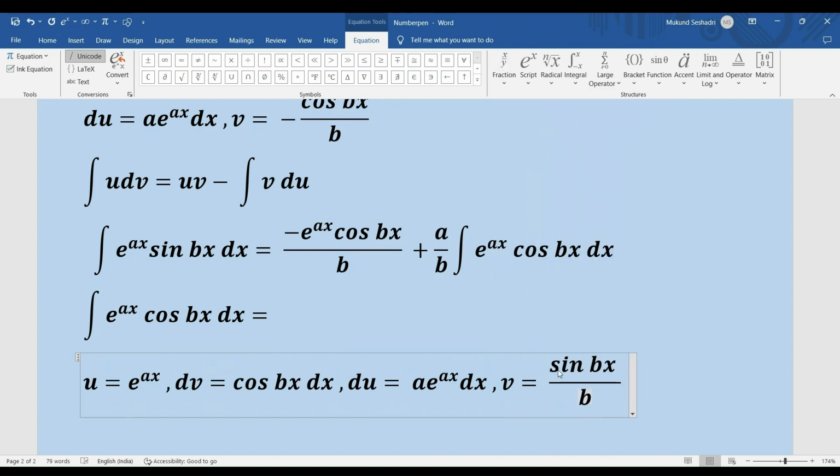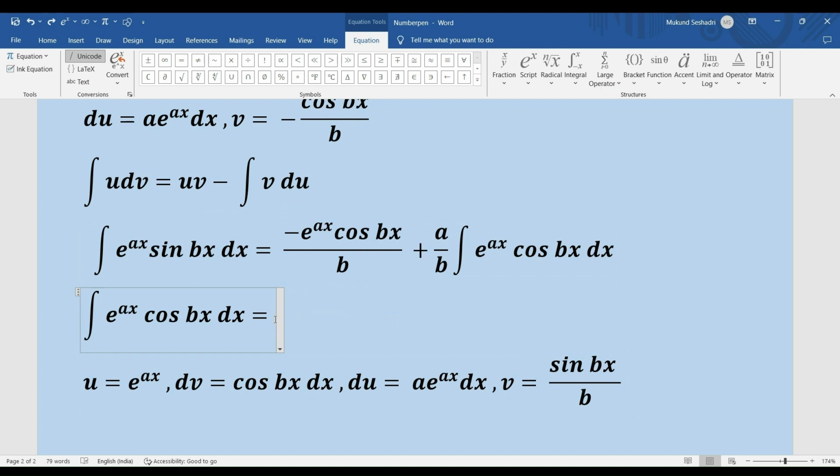So now you notice when I apply integration by parts for the second time, in v I get back my sine bx, and in my du I still have an e to the power ax dx, right? So let's plug it back into the integration by parts and see what we get.